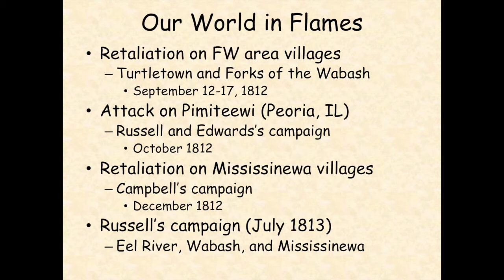The Eel River village, everything on the Wabash, everything on the Mississinewa is burned out again. Most of the people flee, so they're not captured or killed, but all of our homes and foodstuffs are destroyed, just like during the wars of the 1780s and 90s.